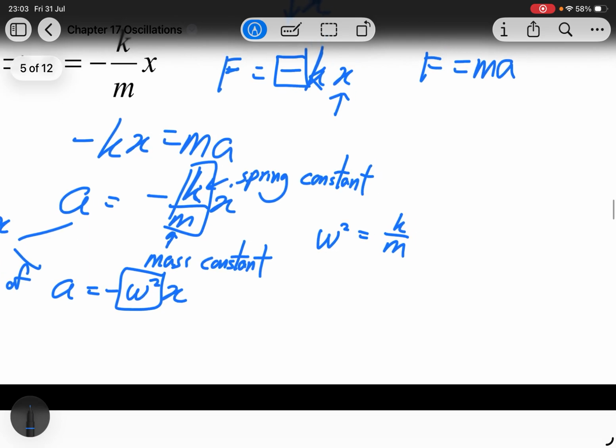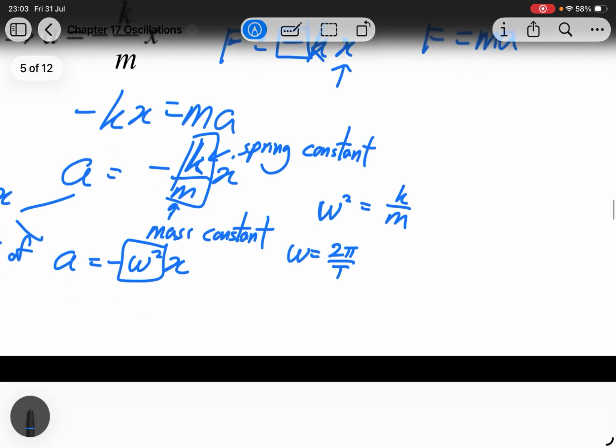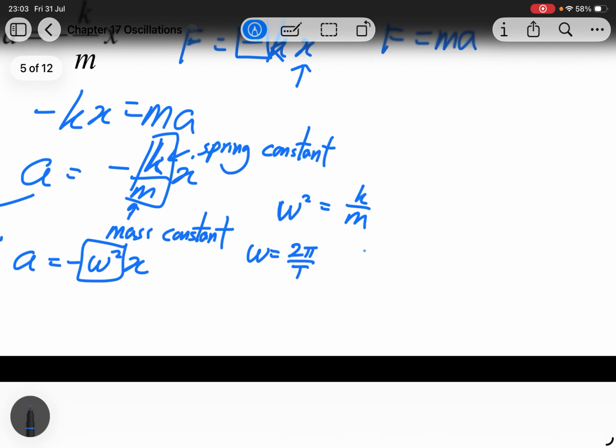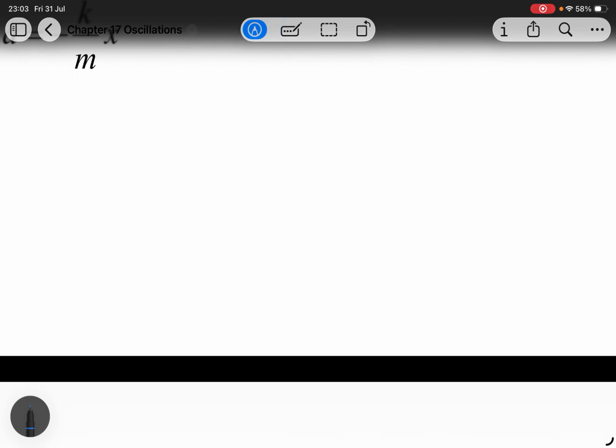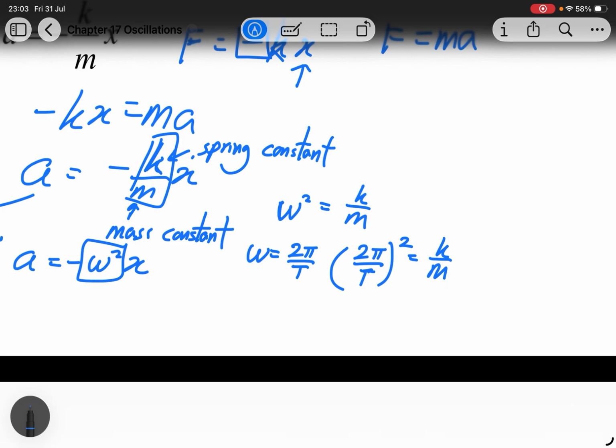Okay, and we know that omega is what? 2 pi over T. For one complete oscillation, it's 2 pi over T. So you get (2 pi over T) squared equals k over m. Rearrange everything: 2 pi over T equals square root of k over m. T equals 2 pi square root of m over k.